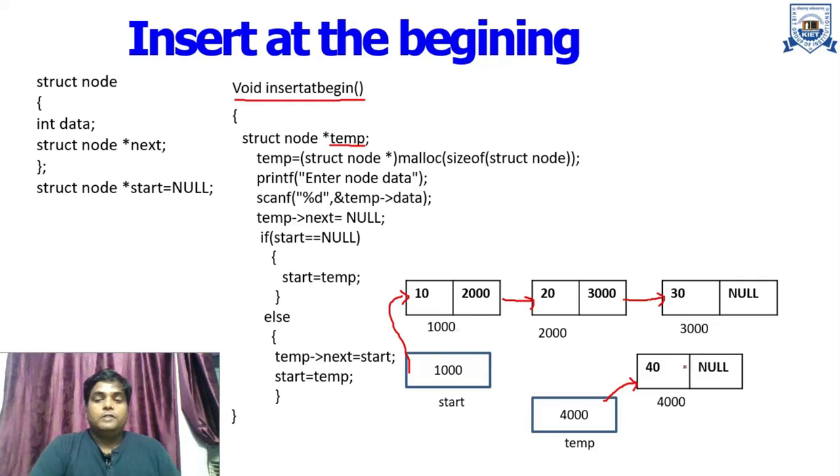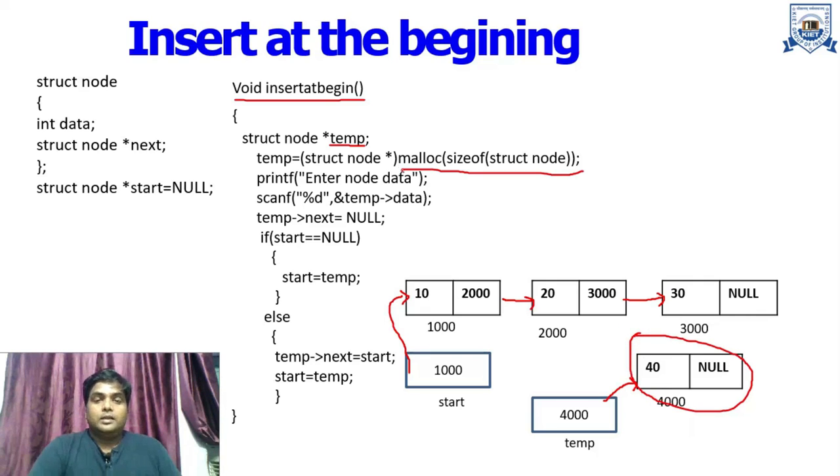First we create this node with the help of the temp variable. The memory will be allocated for this node, and for that we generally use dynamic memory allocation. We use malloc sizeof struct node. When we use this, the node gets memory allocated.